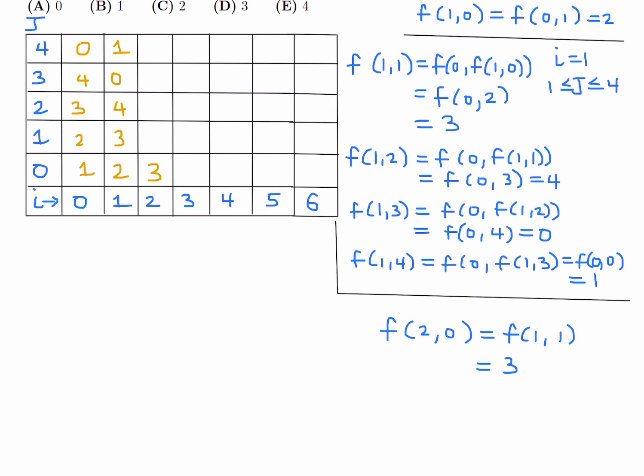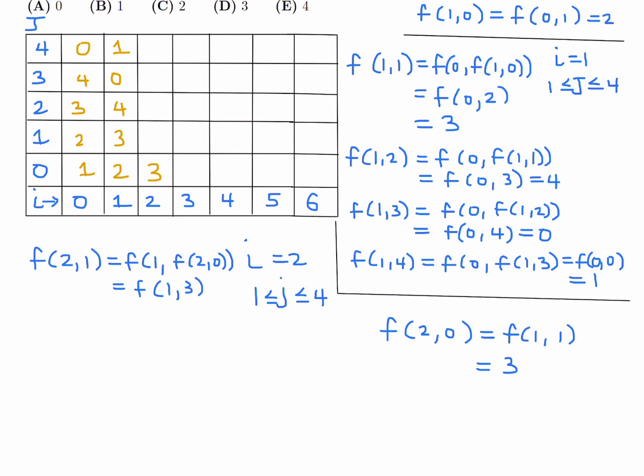Now I've got to figure out the ones for i equals 2, these 4 guys, for j between 4 and 1. So f at (2, 1) is going to be f at 1, f at (2, 0), and that is f at (1, 3), and f at (1, 3) is 0.